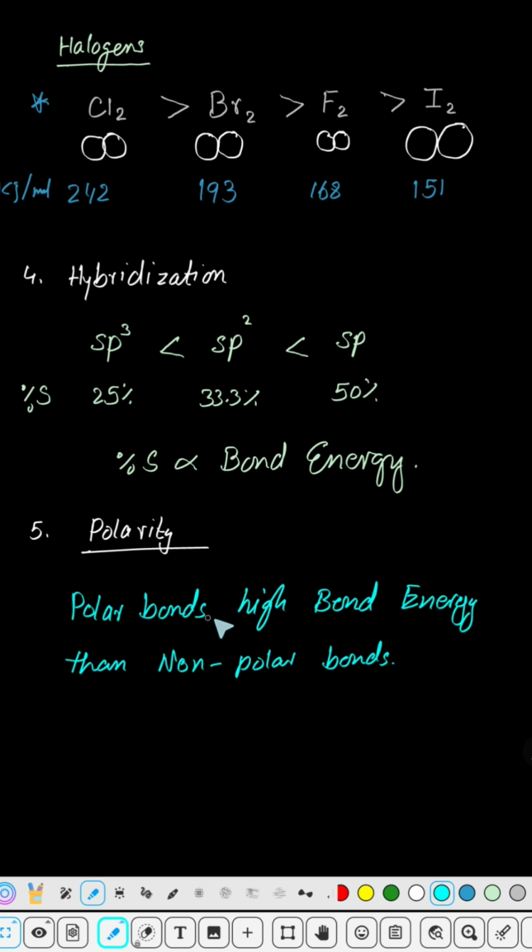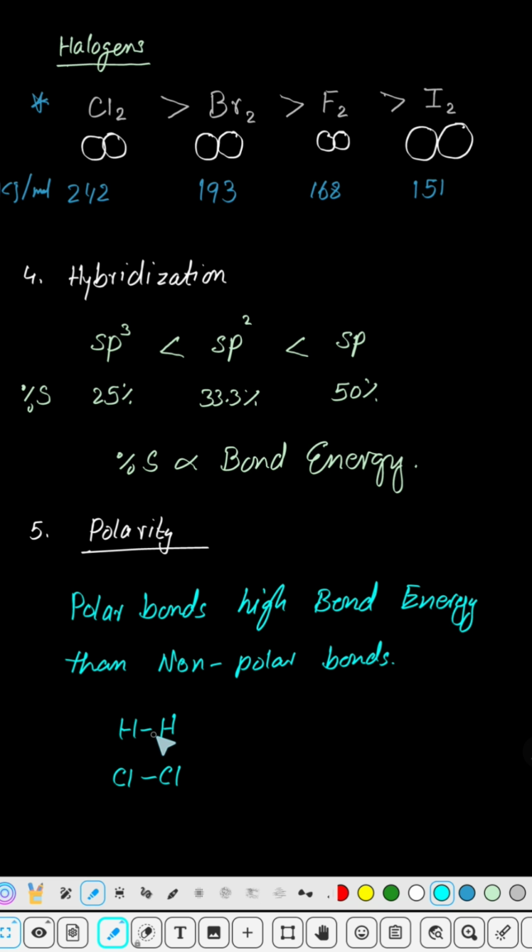Polarity. Polar covalent bonds have higher bond energy than non-polar covalent bonds. For example, non-polar bond of hydrogen-hydrogen and a non-polar bond of chlorine-chlorine.